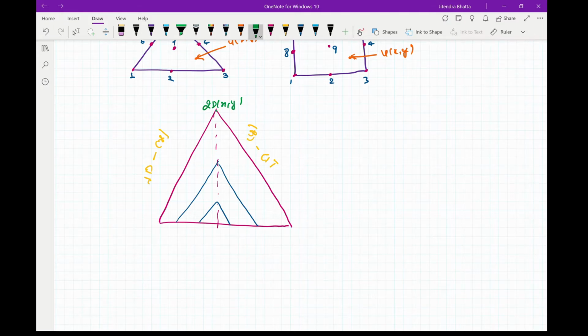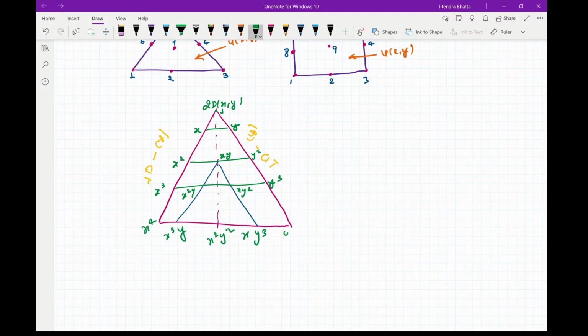Now what you'll see is you'll have 1 here, and x, y, x square, xy, y square, x cube, x square y, xy square, y cube, y4, and so on.